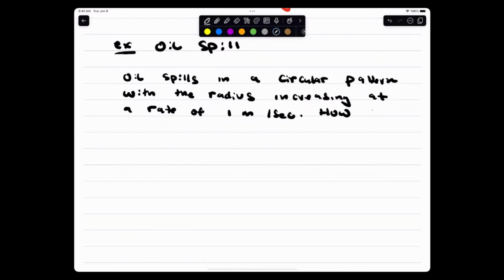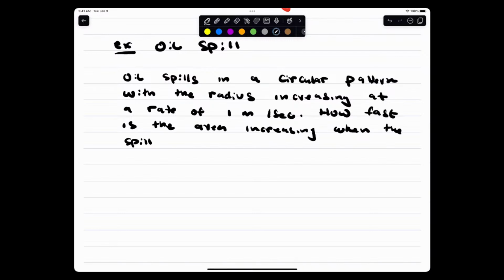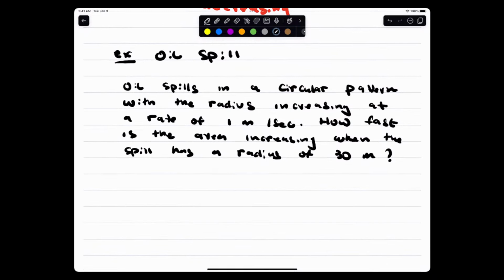The question is going to be how fast is the area increasing when the spill has a radius of 30 meters. So here's a very classic oil spill question.